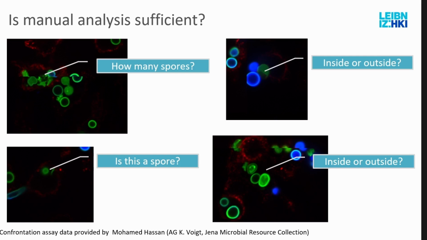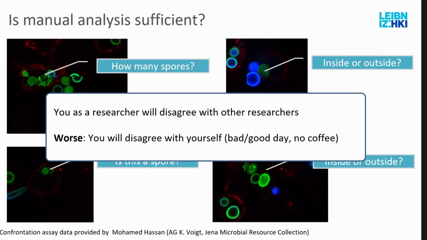It can also be a question of whether this is an artifact that was left over, or the coloring labeled something that is not actually a spore. And then again you have cases you can really badly see, only on the screen: is it really inside or outside? And as mentioned, you will disagree with other researchers about this.